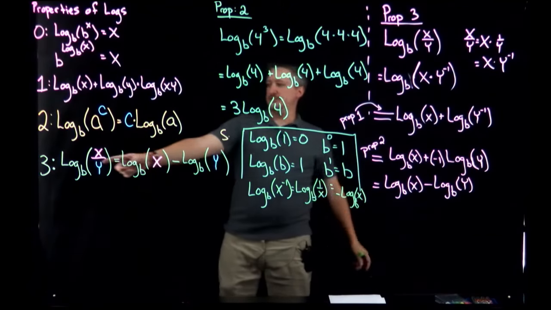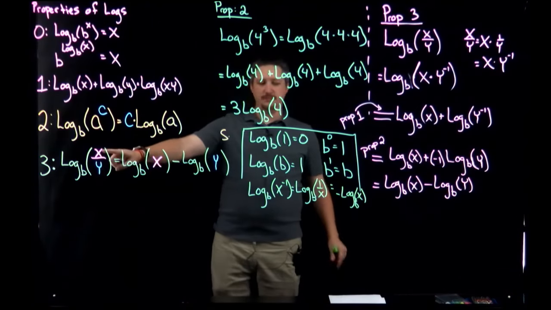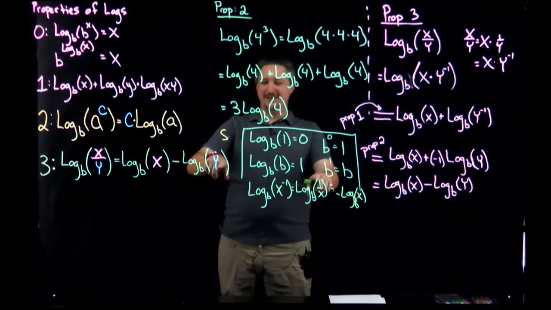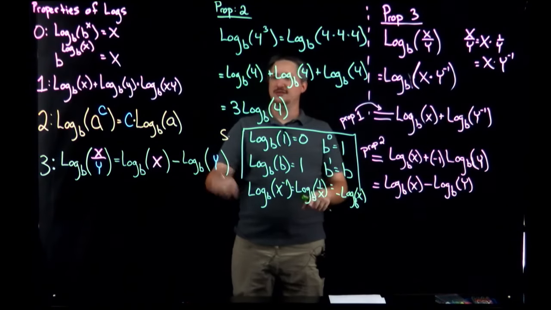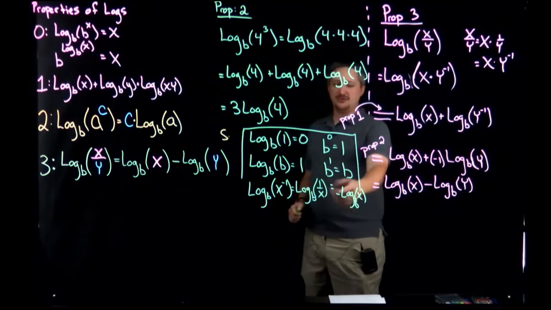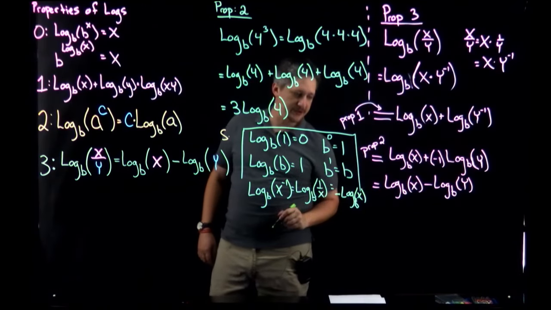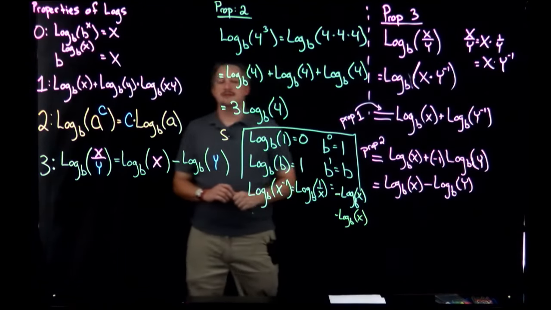So this is literally just using this equation here with x being 1 and y being x. The thing in the bottom is now x, the thing in the top is 1, but log base b of 1 is 0, so you have 0 minus log base b of x. So it's just saying that it's a negative. That's pretty terribly written. So it is negative log base b of x. Maybe that's easier to read.